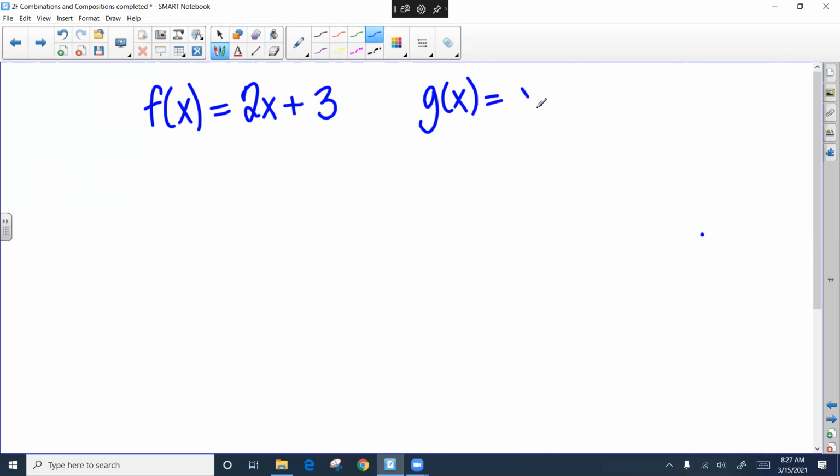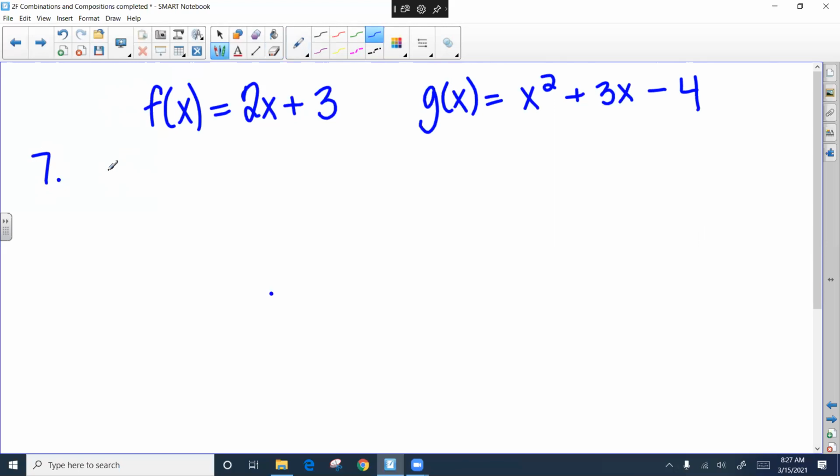So let's say g of x equals x squared plus 3x minus 4. Okay. So go ahead and you can write those two functions down. We're going to do the same thing. We're going to plug one into the other. We're going to compose them.